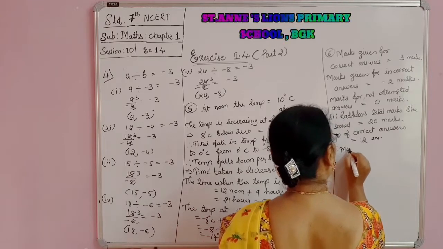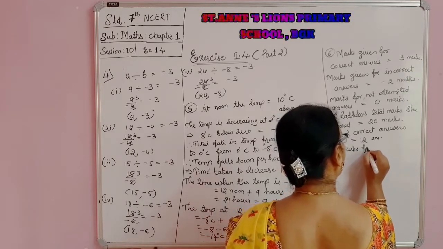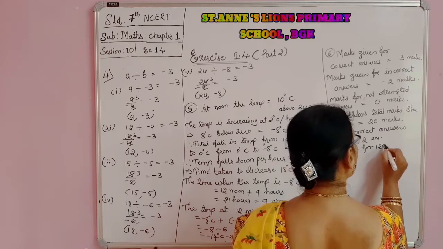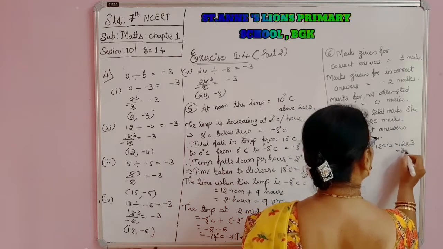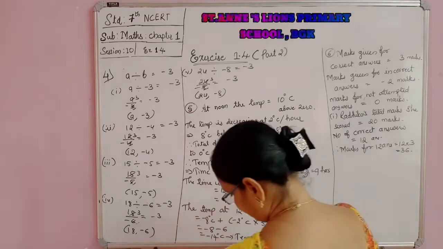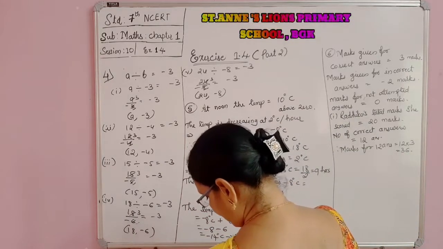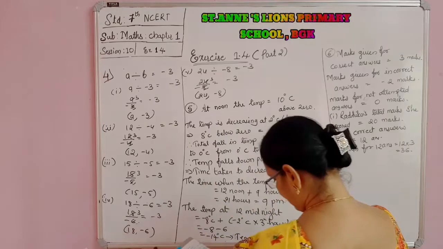Therefore, marks for 12 answers is 12 into 3, that is 36. Then how many questions has she attempted incorrectly?